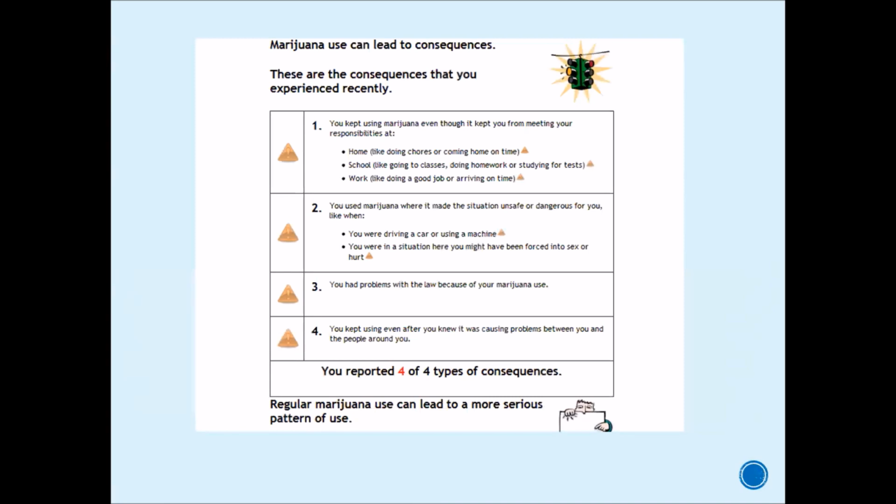And anything that has a triangle by it, the kind of the warning triangle sign, is one of the symptoms that the kid specifically endorsed. So using this page to really hear about any consequences that they have experienced as a result of their marijuana use is really important.